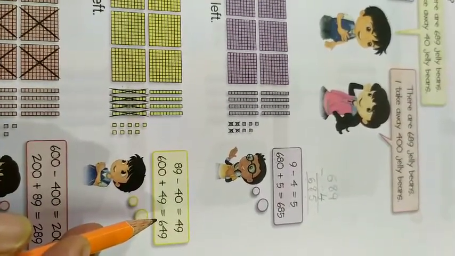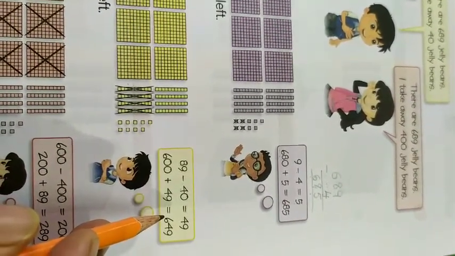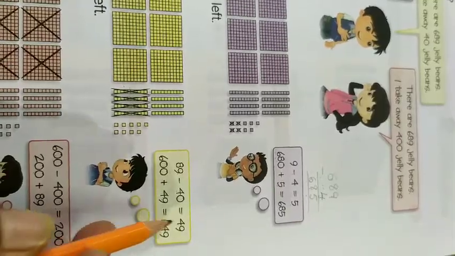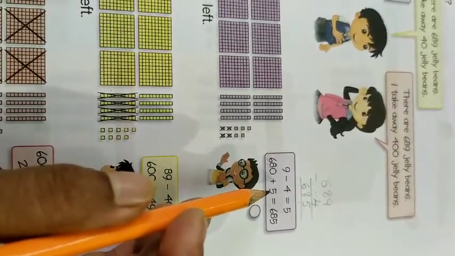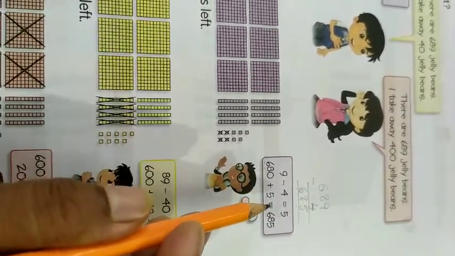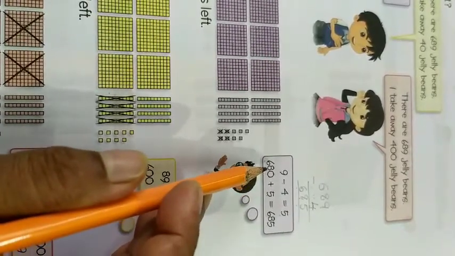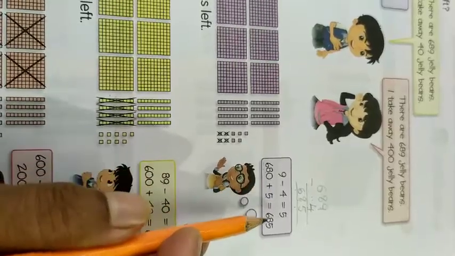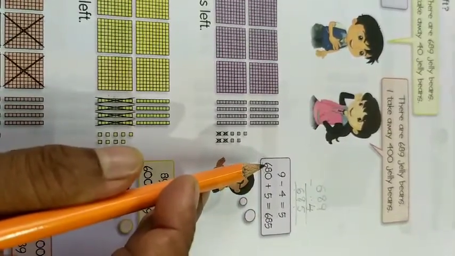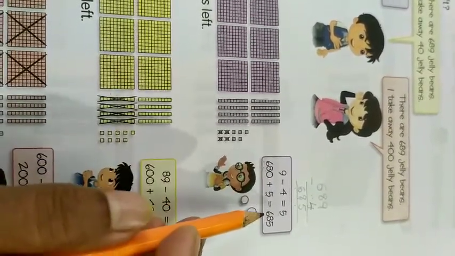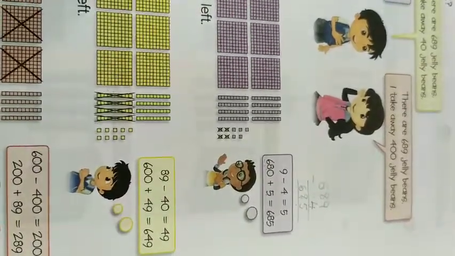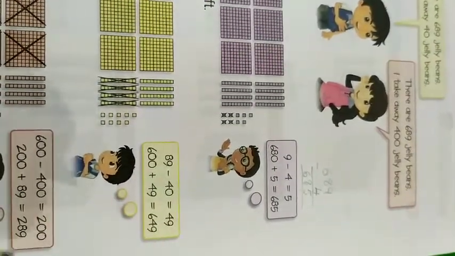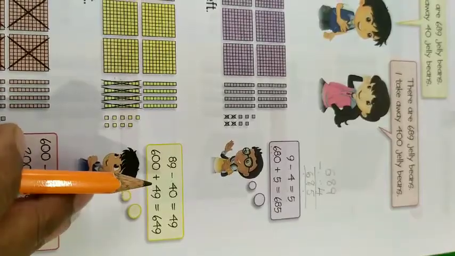Okay, did you get it? See, even here 5 plus 0 is equal to 5. 8 plus 0 is equal to 8, and 6 plus 0 is equal to 6. Yeah, so in the same way we did it over here.